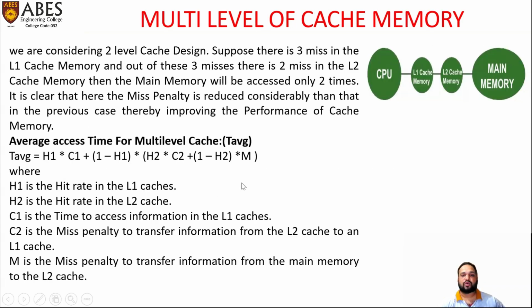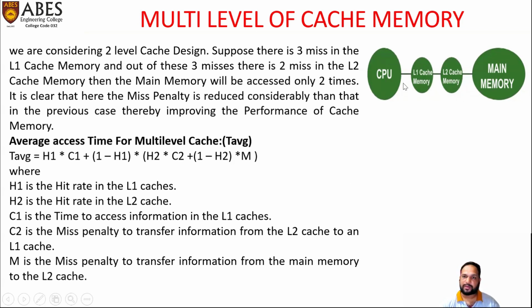C1 is the time to access information in the L1 cache. C2 is the miss penalty to transfer information from the L2 cache to the L1 cache, since there is communication between L1 and L2, and L2 and L3, via a very high speed bus. So C1 is the time required to access the L1 cache from the CPU.